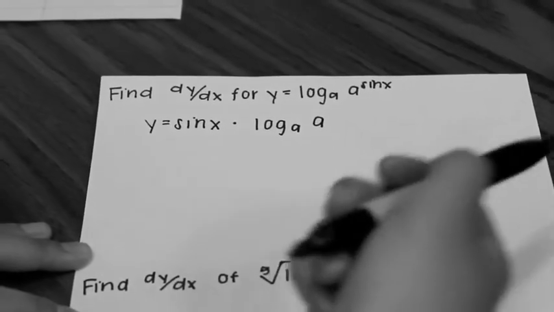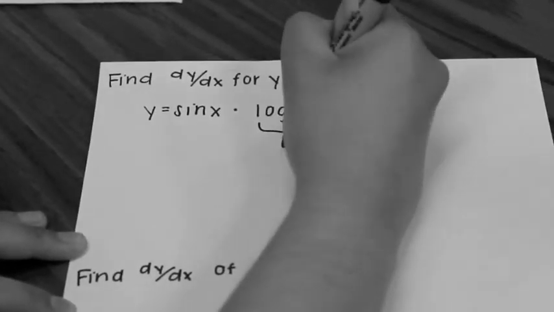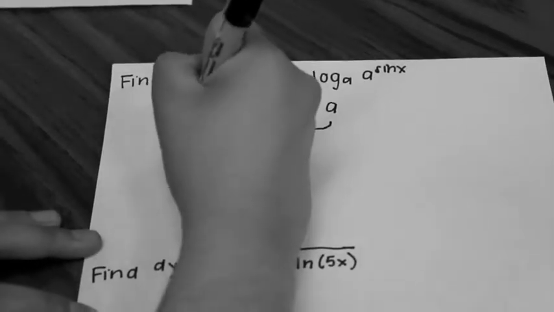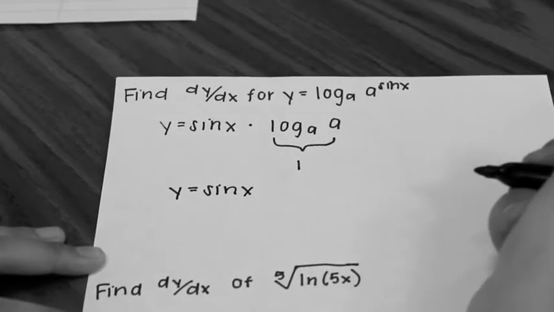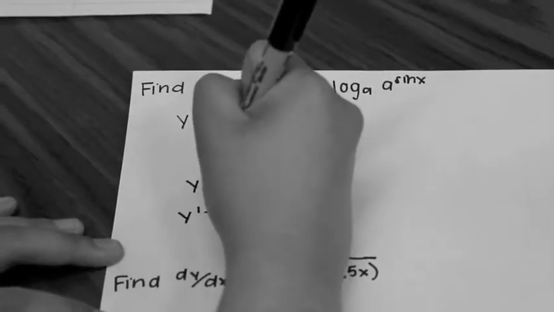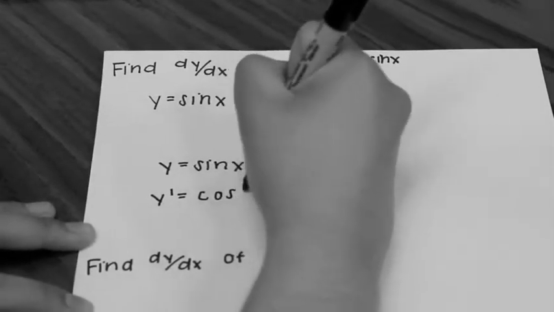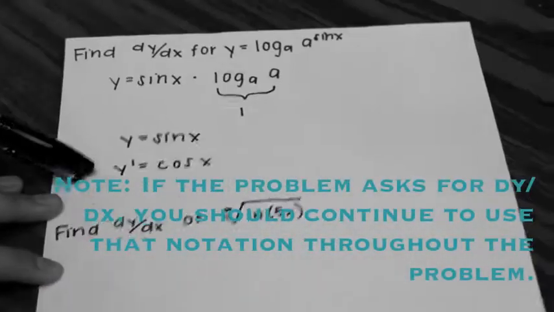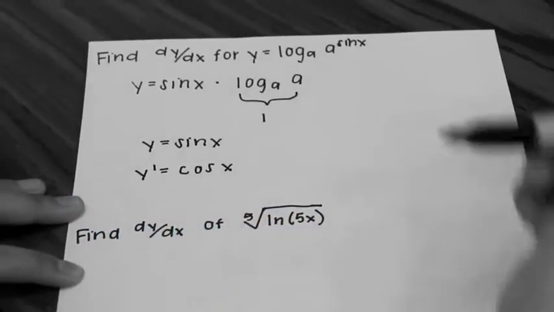And coming from your log properties, you know that this would be equivalent to 1. So then what you're really left with is y equals sine x. And take the derivative, knowing your trig functions, would become cosine of x. And remember that this y prime is the same thing as dy over dx, so it means the same thing.